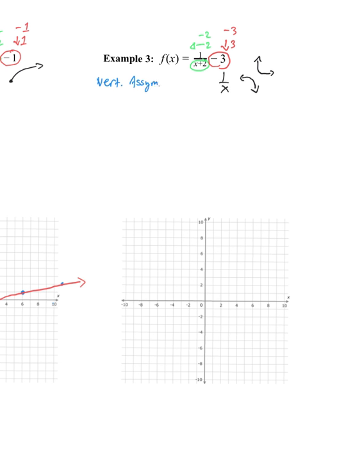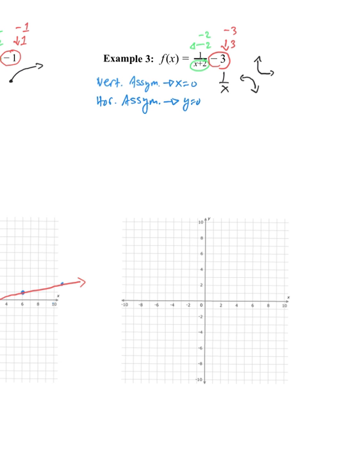And this vertical asymptote is at the line x equals 0 because, as we know, the vertical line equation is always in the form of x equals. And then we have a horizontal asymptote at y equals 0 because horizontal lines have the form of y equals.